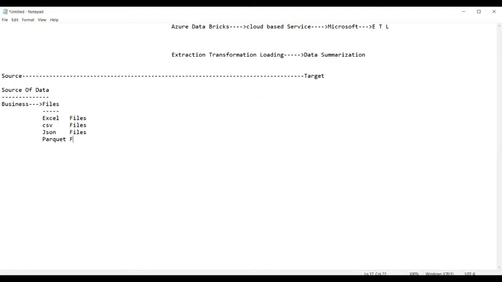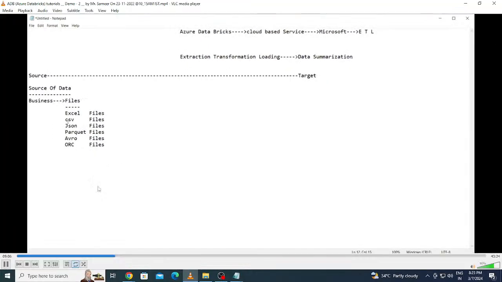Then you can have Avro files, and then we can also have ORC files, various types of files. That means we get the data ultimately from the business, and this business data will be recorded in the form of files, Excel files, comma separated value files.